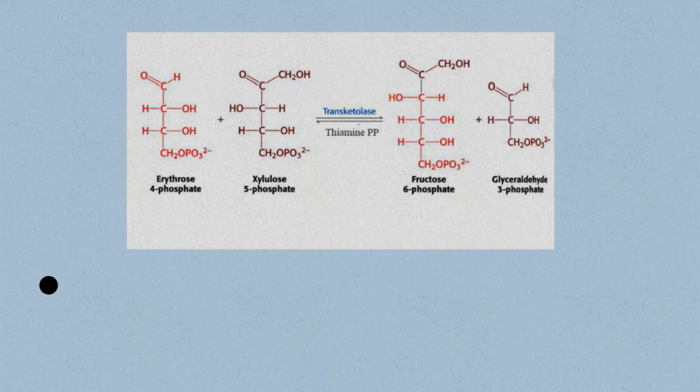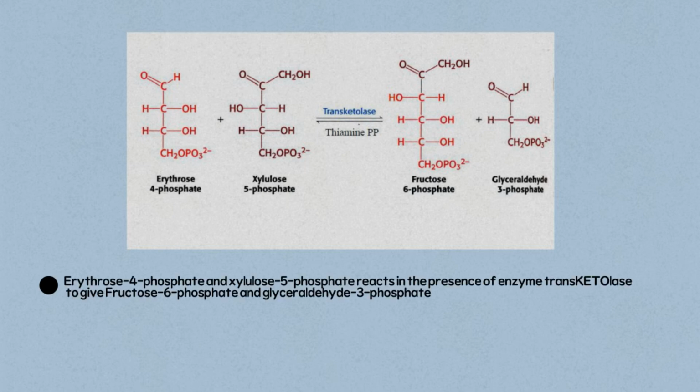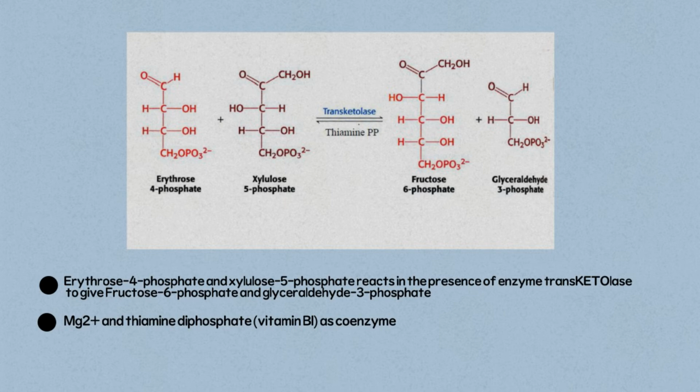Erythrose 4-phosphate with 4 carbons and xylulose 5-phosphate with 5 carbons react in the presence of the enzyme transketolase to give fructose 6-phosphate with 6 carbons and glyceraldehyde 3-phosphate with 3 carbons, with magnesium 2 plus and thiamine diphosphate, vitamin B1, as coenzyme.